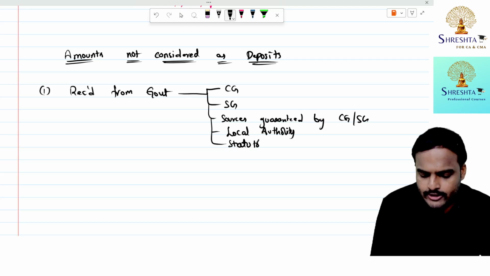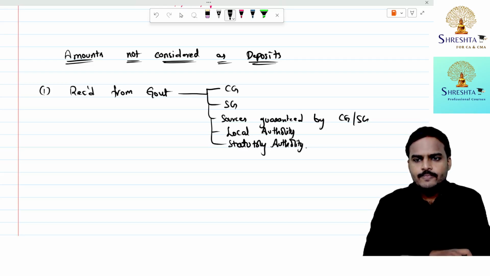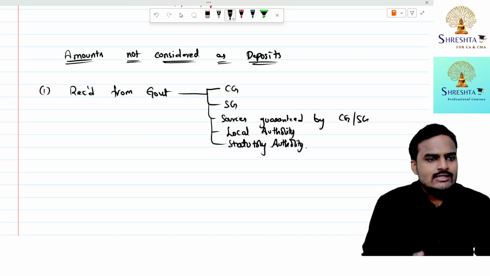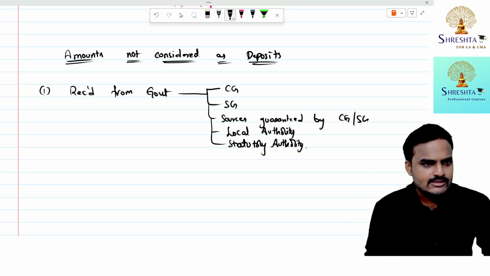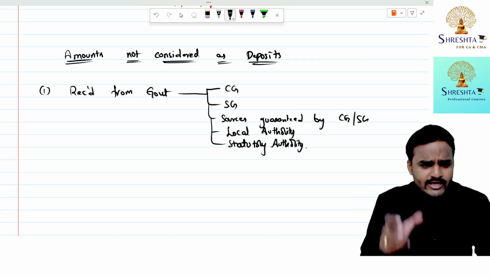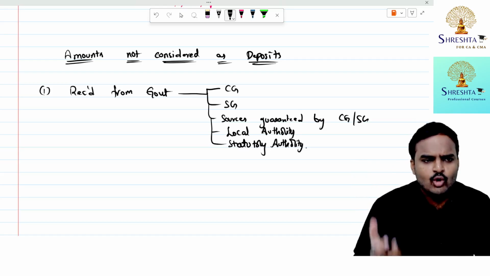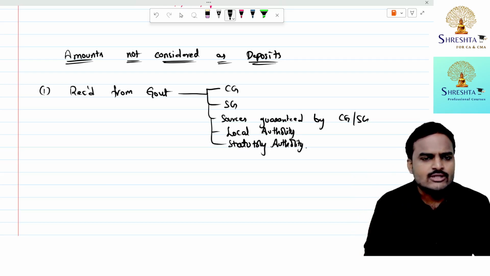Like if you take IEPF, it comes under a statutory authority. So loans and deposits received from governments, including any source guaranteed by them, and amounts received from a local authority or statutory authority, are not deposits.